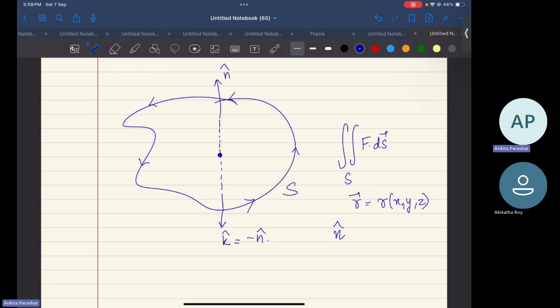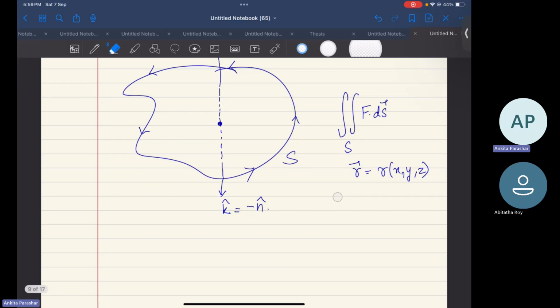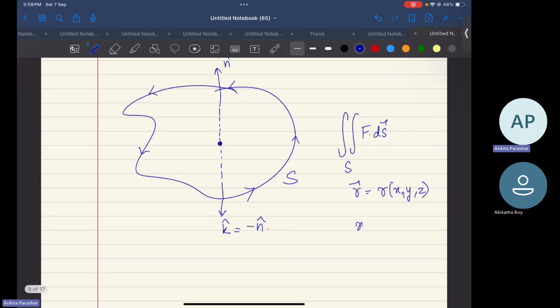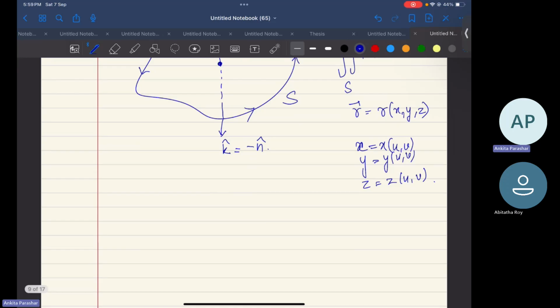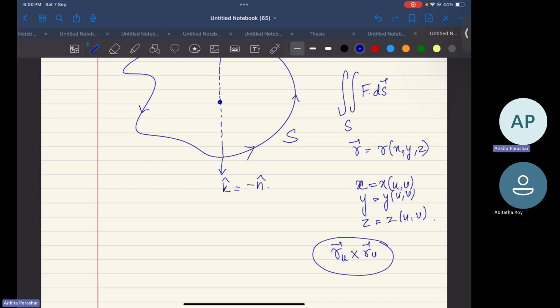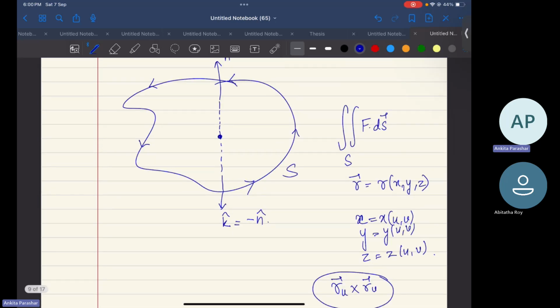Then we parameterize the surface by, let's say, x equal to x(u,v), y equal to y(u,v), and z equal to z(u,v). If you remember, we did that. If you write the r_u cross r_v, this is a normal vector. This is always a normal vector, because a cross product always tells me that this vector is going to be normal to that surface wherever you are talking about.